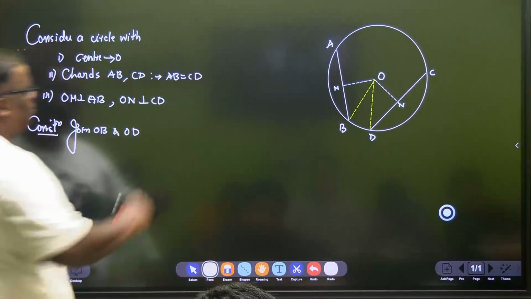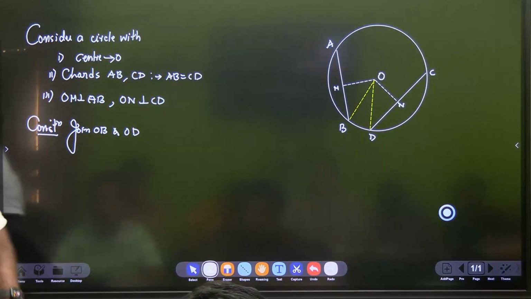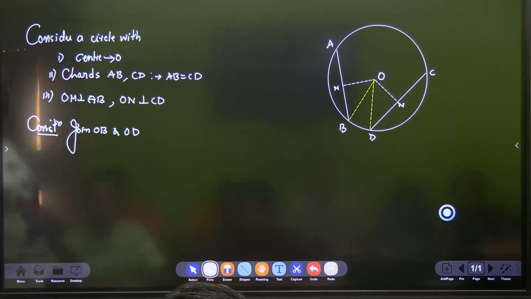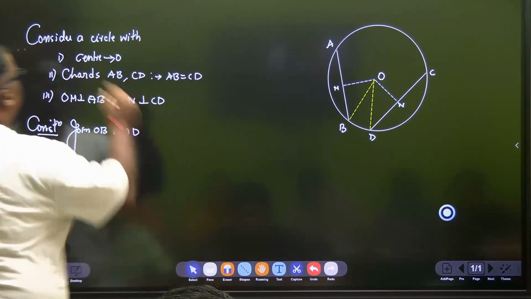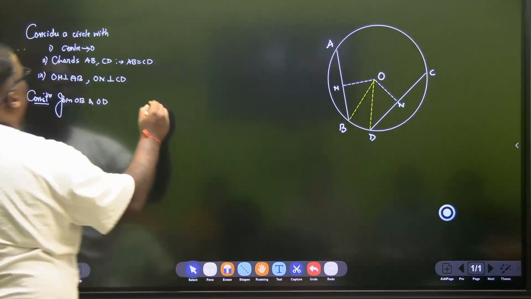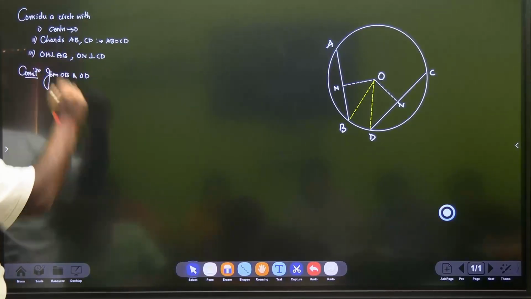So this much is clear? No issues? Okay, this much.